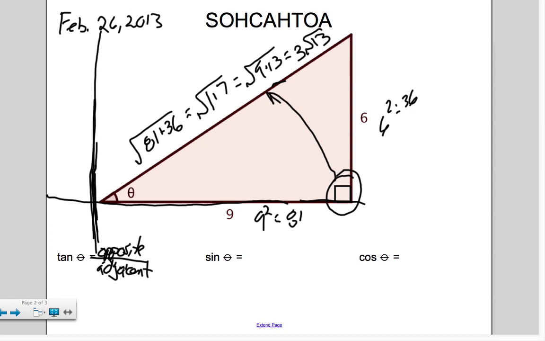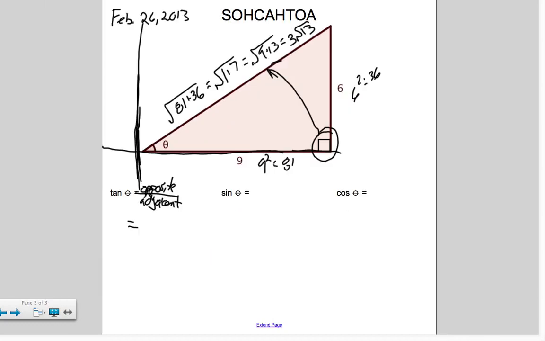So I'm going to abbreviate this. It's just O over A. Okay? Opposite over adjacent. So in this case, what is it? It's just 6 over 9? Same as 2/3. Okay? So that's talking about this angle theta.